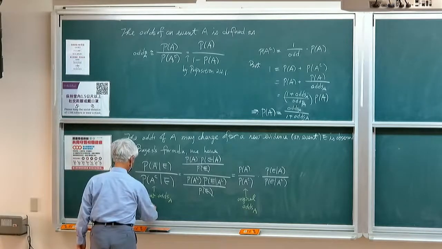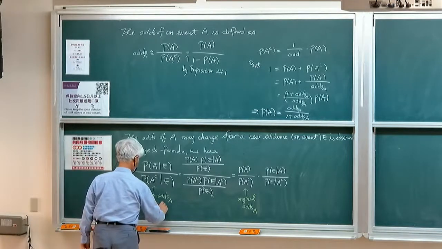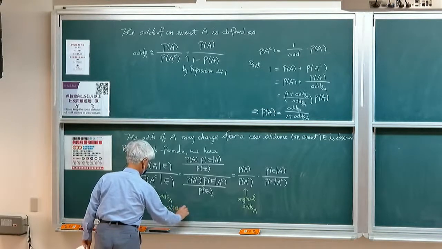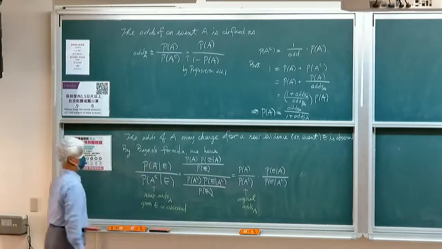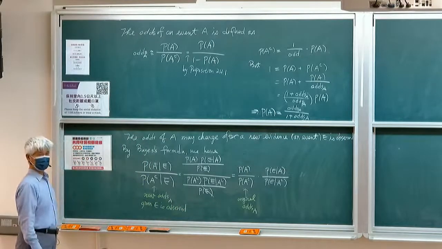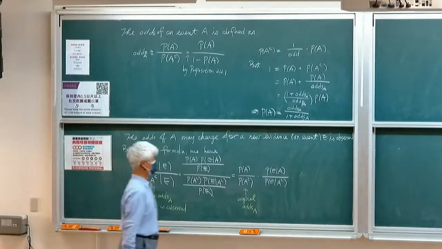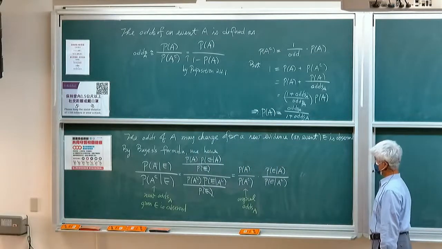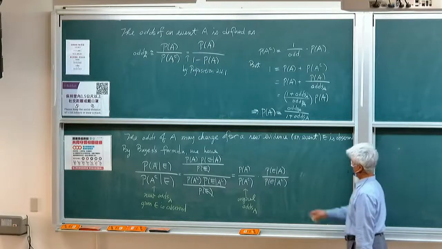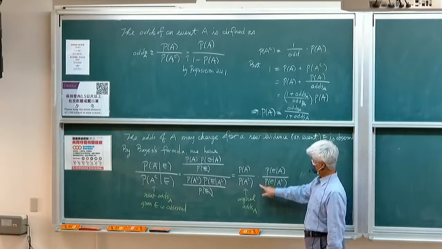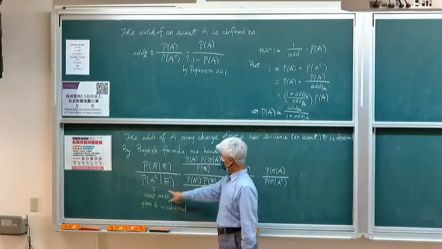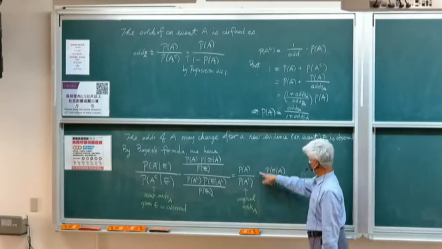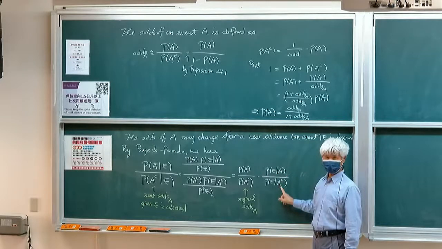Given E is observed, you can see that the new odds increase if this ratio is greater than 1.